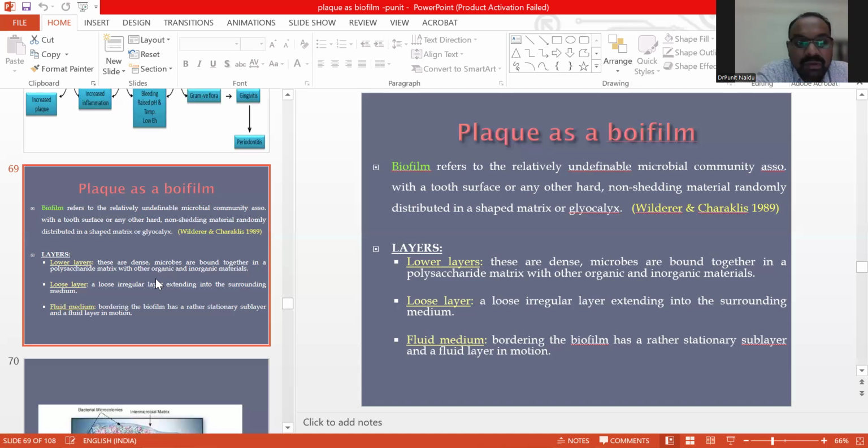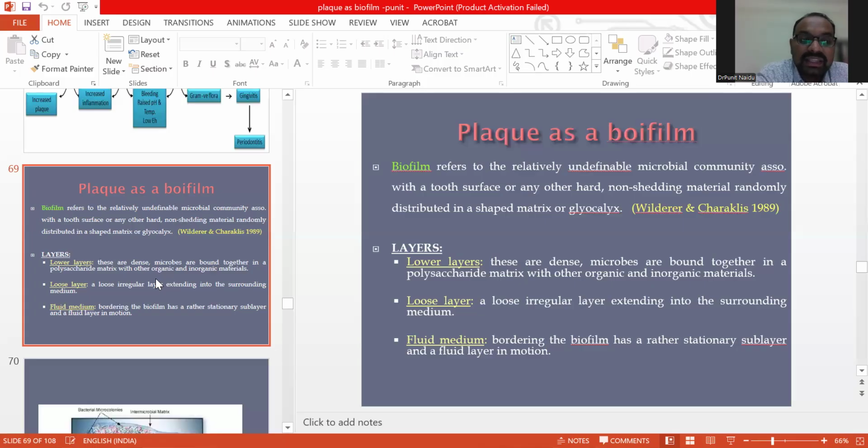So what is a biofilm? Biofilm refers to the relatively undefinable microbial community associated with the tooth surface or any other hard, non-shedding material, randomly distributed in a shaped matrix or glycocalyx. There are two types of layers, lower layer and loose layer.